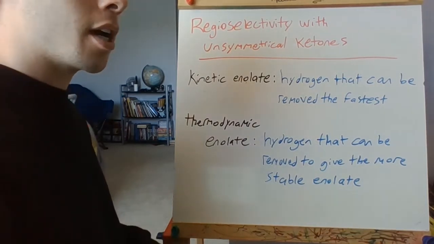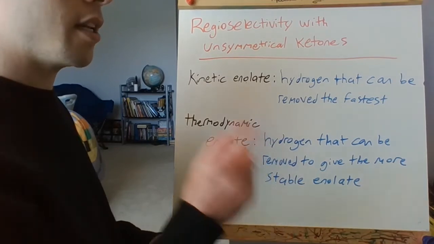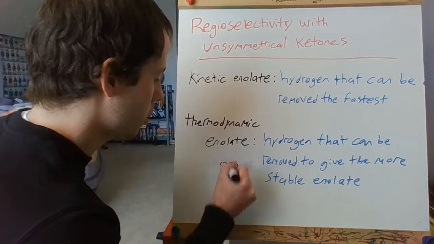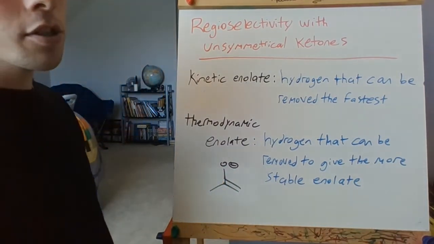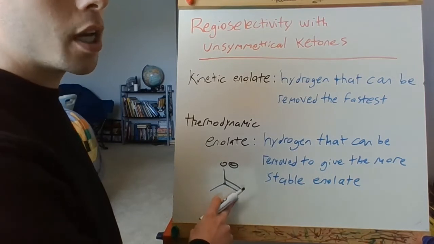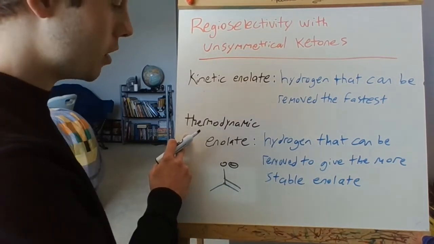Remember, enolates have a double bond between the carbon and then a negative charge on the oxygen, and so they look something like this. And just as we talked about with alkenes, if this can be more stable, that's usually better, and so that's why we call it the thermodynamic enolate.